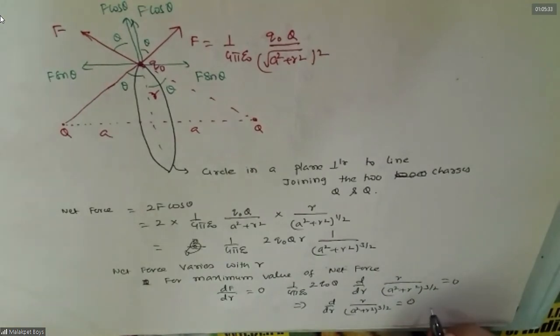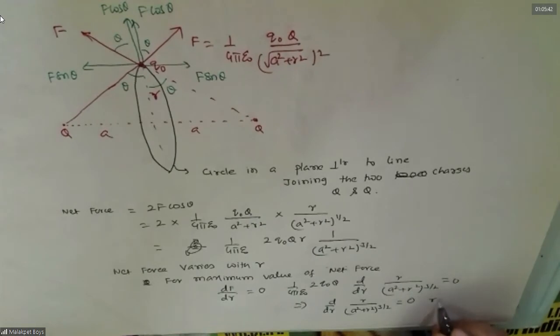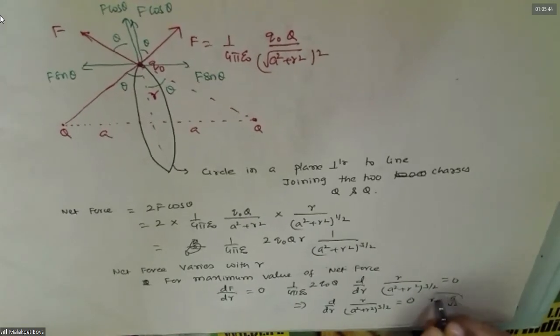You know how to differentiate this, I think. U by V method, remember? Denominator into derivative of numerator, all that if you do, you will get R equals A by root 2.